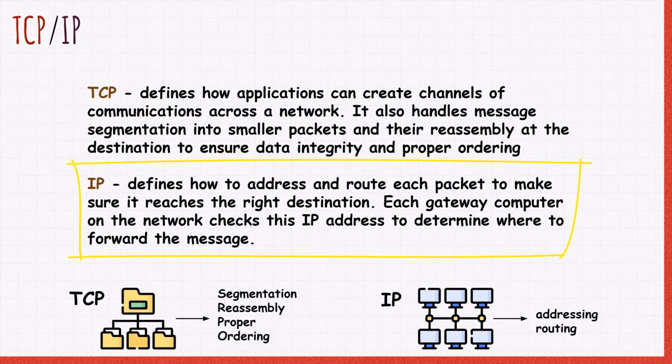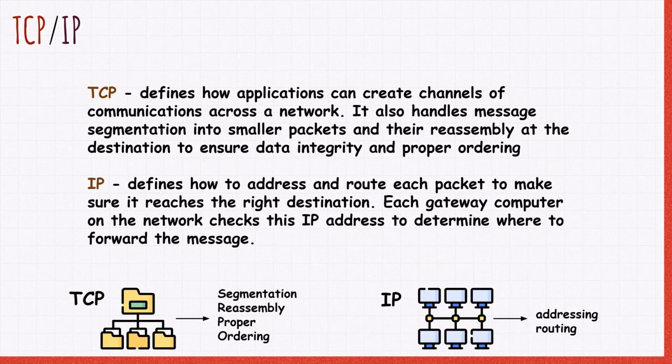Each gateway computer on the network checks this IP packet to determine where to forward the message. So overall, it is important to note that TCP and IP work together as a part of the TCP/IP suite to enable communication over the internet. Now, while TCP manages the communication between applications and ensures data reliability, IP handles the addressing and routing of individual packets to ensure they reach the correct destination.